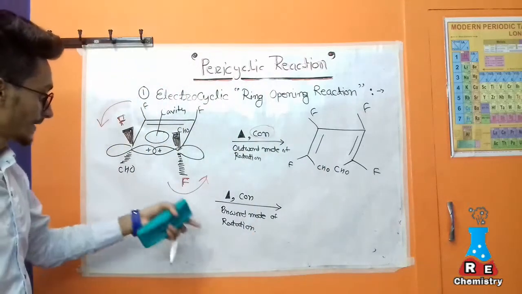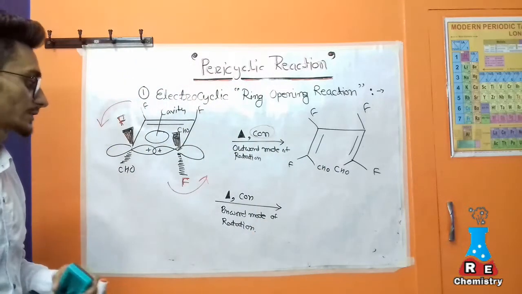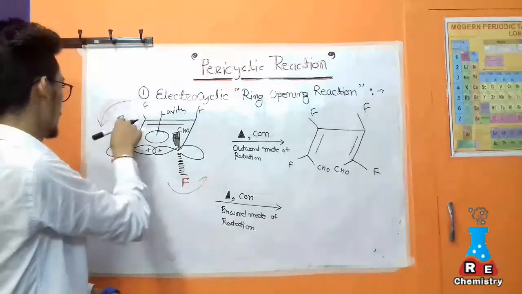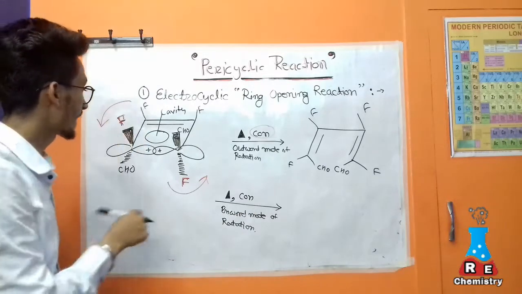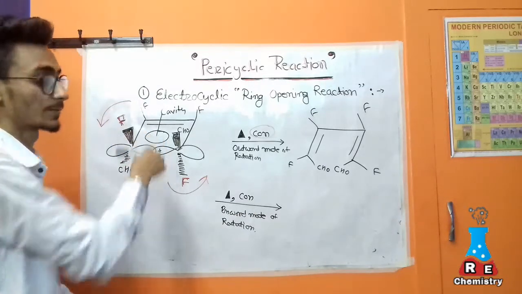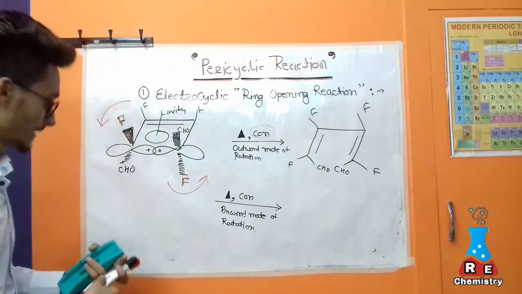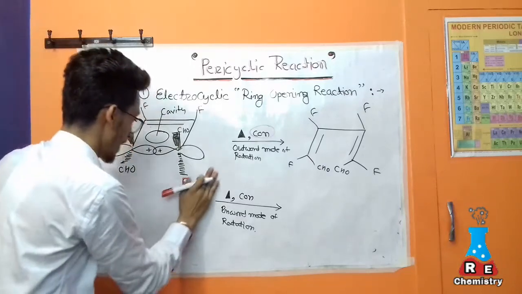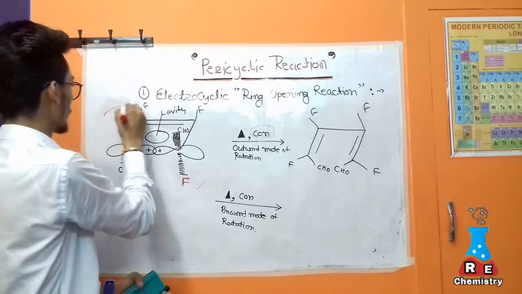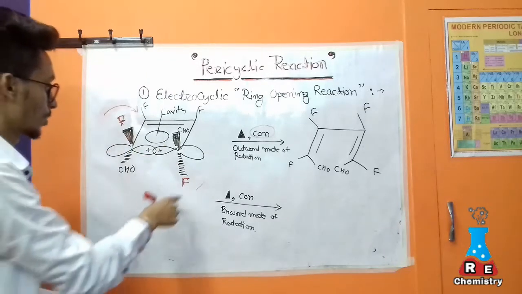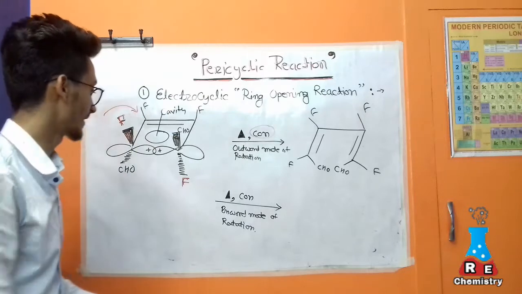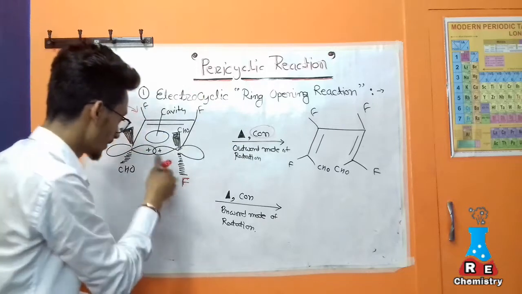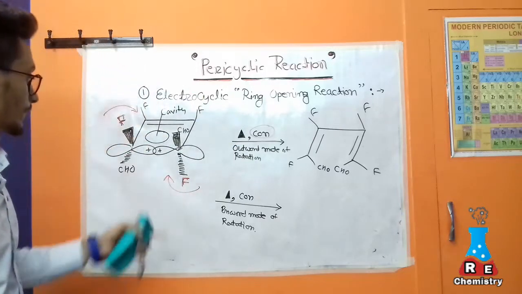And in these reactions, inward mode of rotation takes place. Inward mode of rotation means the substituent groups migrate toward the cavity of the substrate molecule. It means this fluorine substituent group migrates toward the cavity, which is clockwise. So due to the conrotation, similarly this fluorine also rotates clockwise.